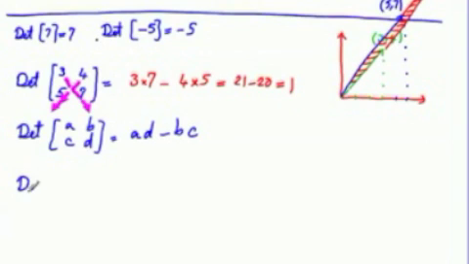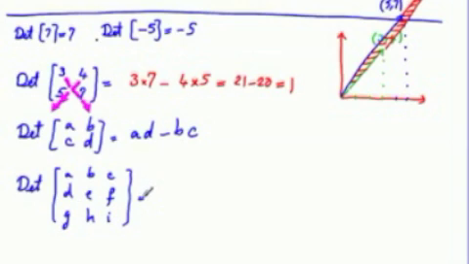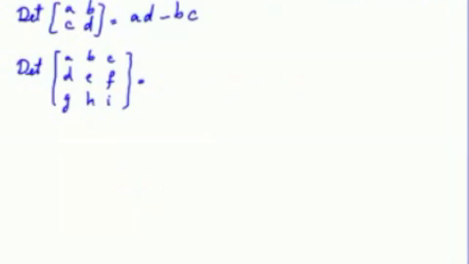Well, what if I had a bigger matrix, say 3 by 3? We go across in two different ways and we get the determinant. Very good.